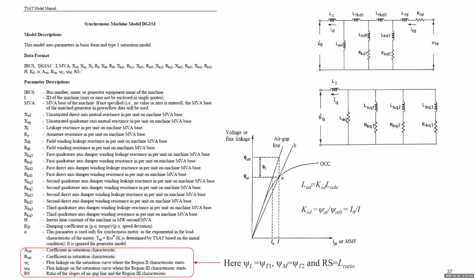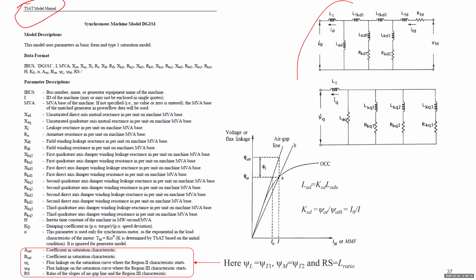At the end of the Tuesday lecture, I used this model from the software TSAT. TSAT is a transient security assessment tool made by Prof Lab. I use this one as an example to show we have actually covered everything of this model.